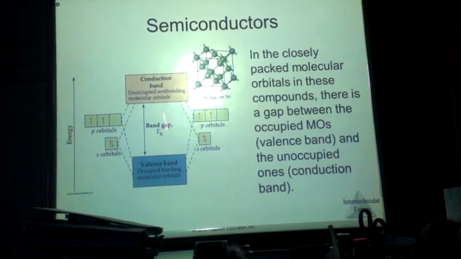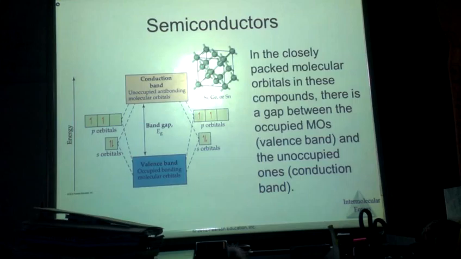A smaller gap tells me it's not going to be as good a semiconductor. So the larger the band gap between the valence band and the conduction band, the better the semiconductor. And as soon as I add electrons into the conduction band, the worse the semiconductor is; it acts more like an insulator.